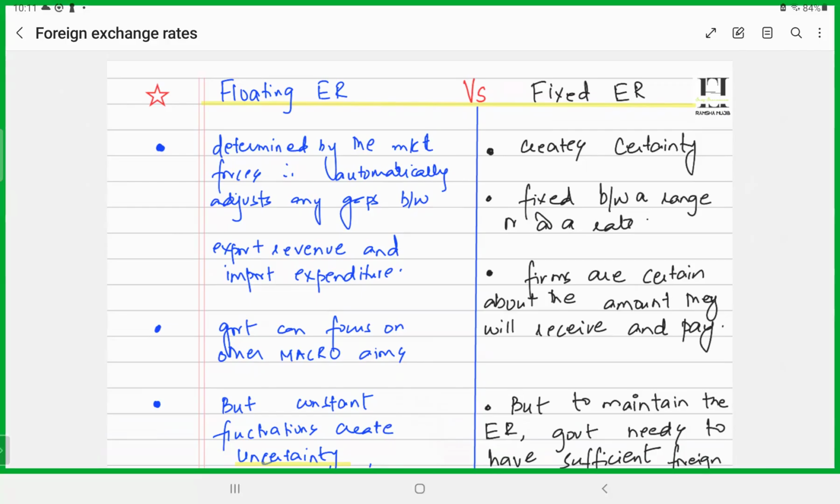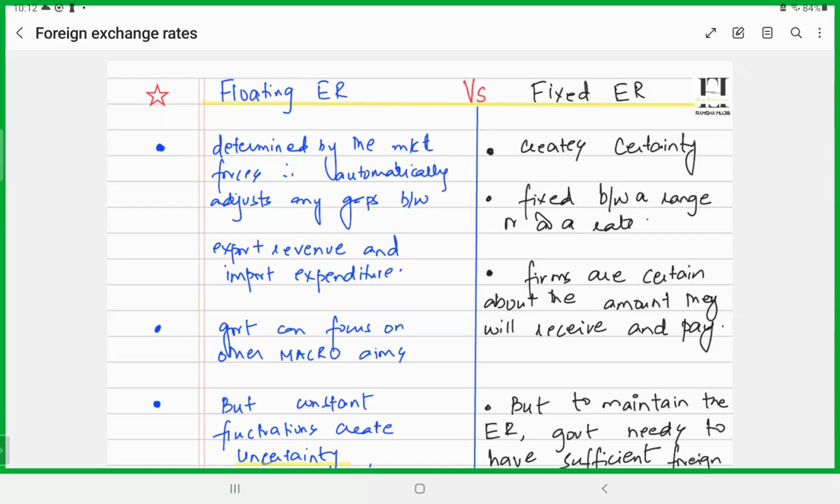Therefore, it automatically adjusts any gaps between the export revenue and the import expenditure, right? So the government can focus on other macroeconomic aims and does not have to worry about pegging the exchange rate within a particular band, right? So, constant fluctuations.